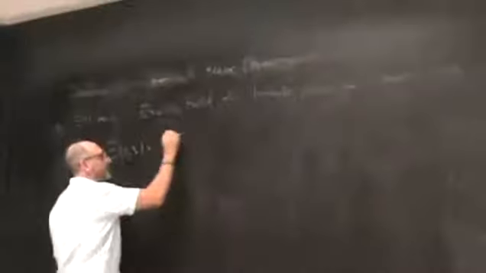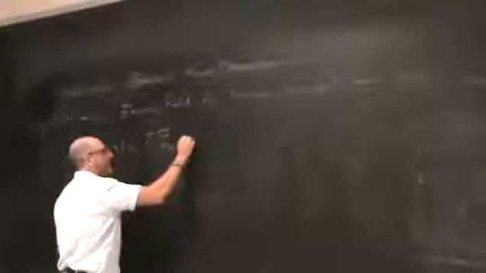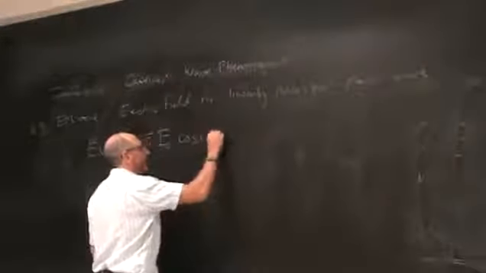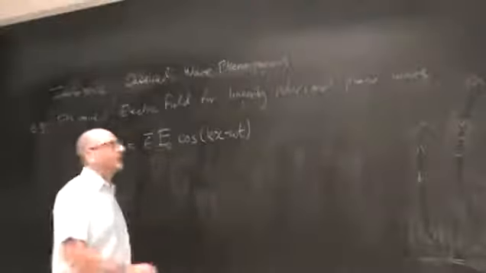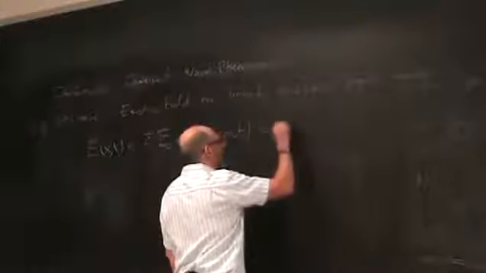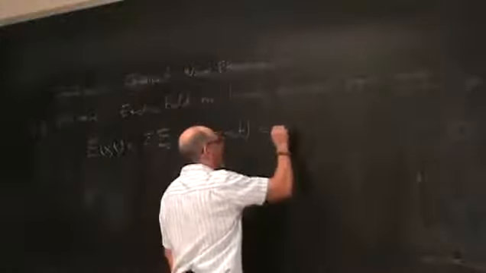So my electric field, say, along some axis as a function of time, has some linear polarization, E naught cosine kx minus omega t, which we often write as the real part of e to the i kx minus omega t.